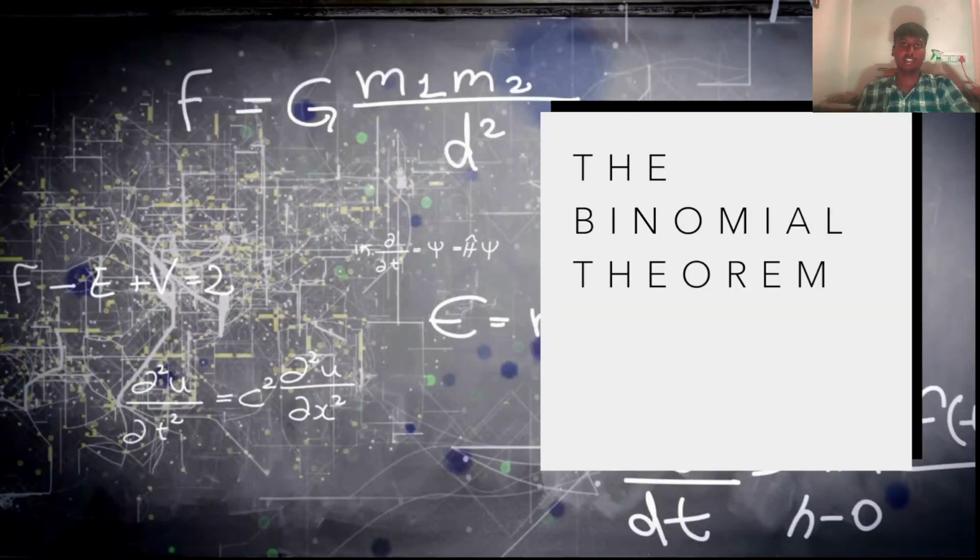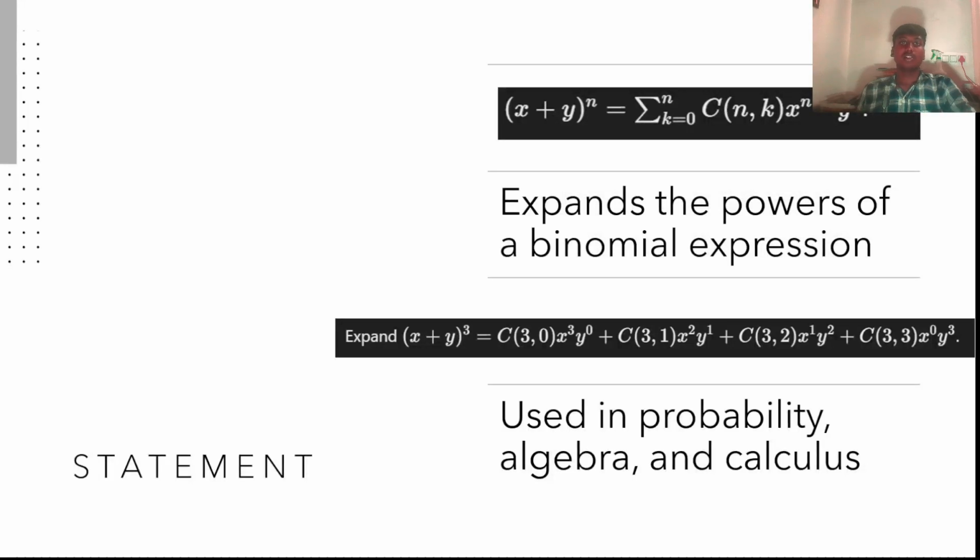The binomial theorem. So this is a statement and formulas. x plus y to the power n equals the sum of k equals 0 to n, C of n comma k into x to the power n minus k, y to the power k.